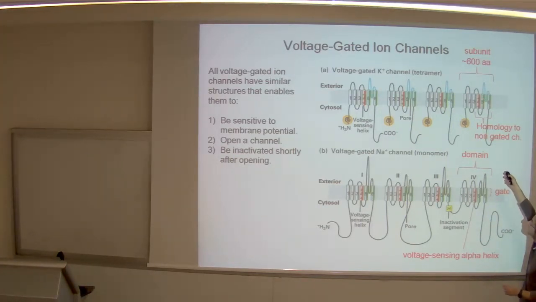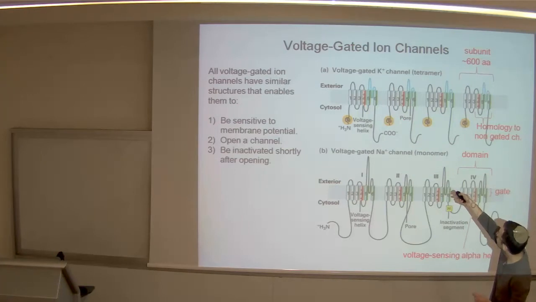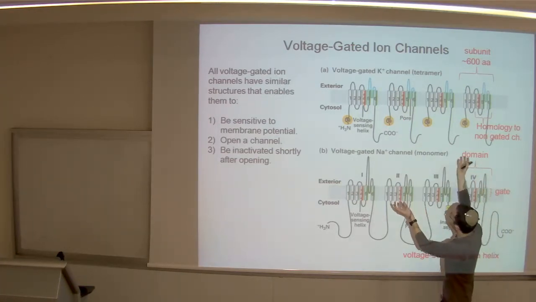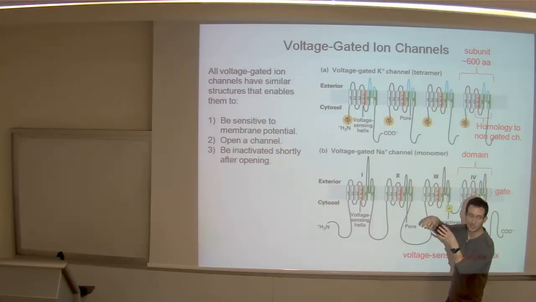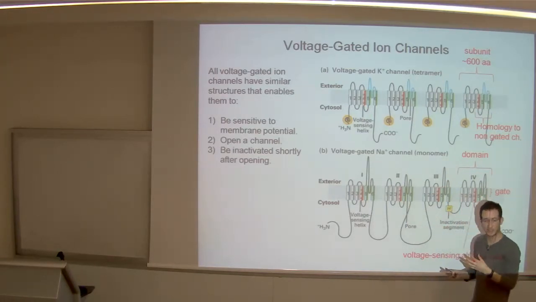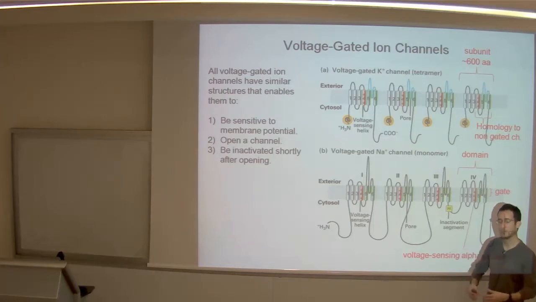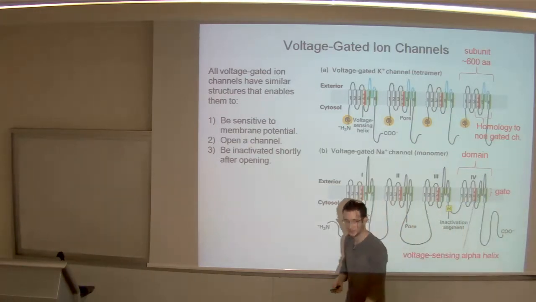Between the 5th and the 6th alpha helices, we find the pore segment, the P segment. When the four units interact with each other, the 4 pore segments form the channel through which the ion passes.